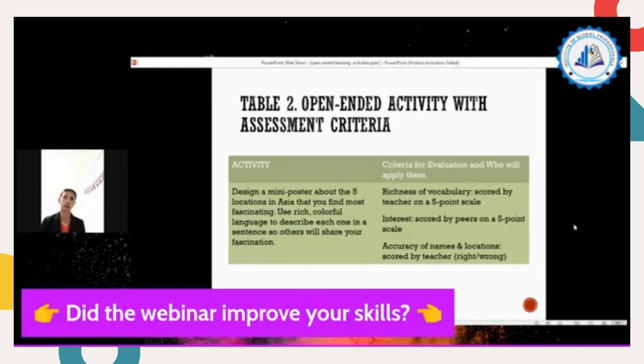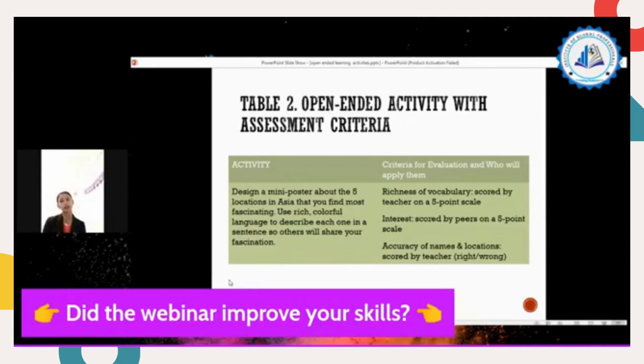location or each street or city in Japan, or city in Korea, like that. So these are the criteria for evaluation, and who will apply them, and how you as a teacher will grade or evaluate their task.